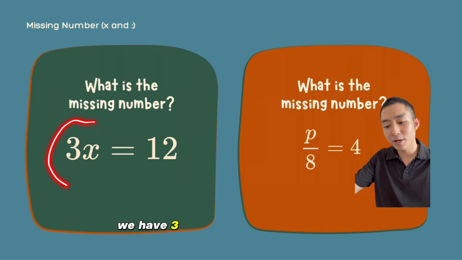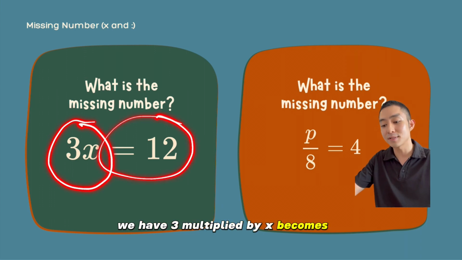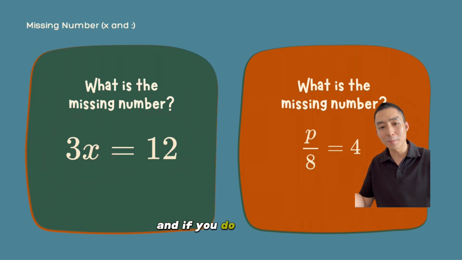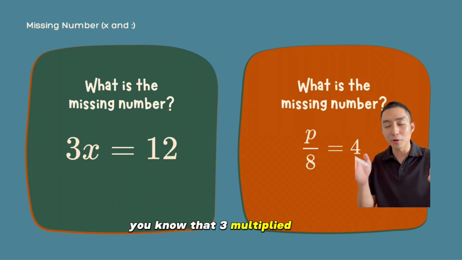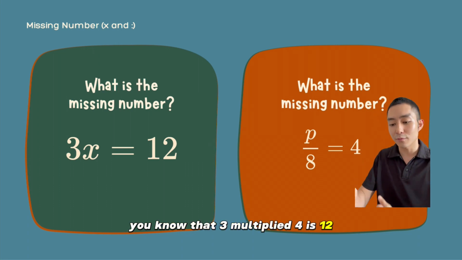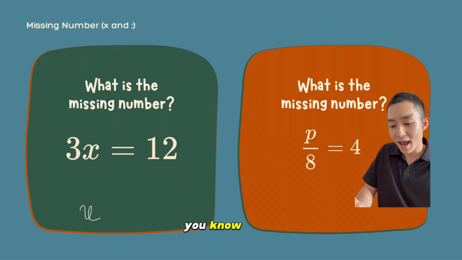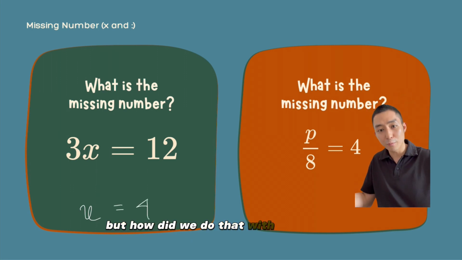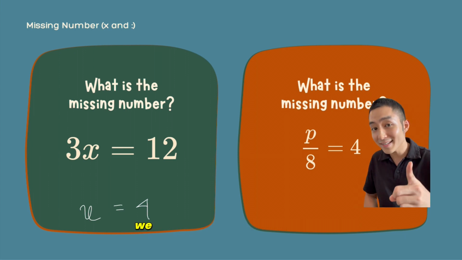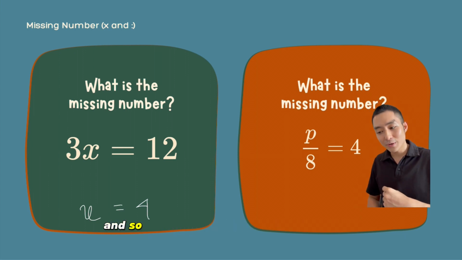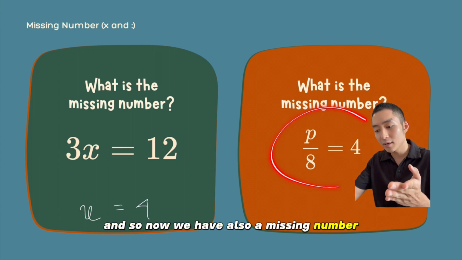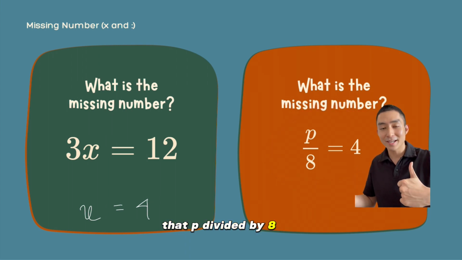Going further, we can do that also on multiplication and also division. We have 3 multiplied by x becomes 12. If you do it mentally, you know that 3 multiplied by 4 is 12, in which we can say x is 4. But how did we do that with the inversing? We can take a look at that later. Now we also have a missing number: p divided by 8 is 4.